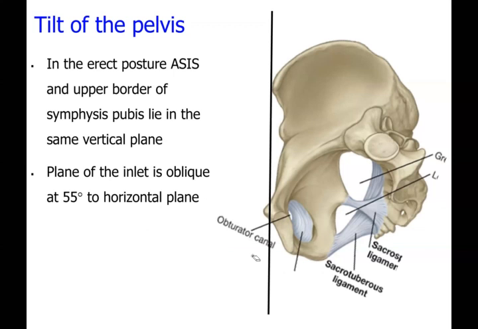Then in the anatomical position, you already know that the pelvis is tilted to the horizontal plane, and the tilting is such that the anterior superior iliac spine and the superior border of the symphysis pubis both lie in the same vertical plane.